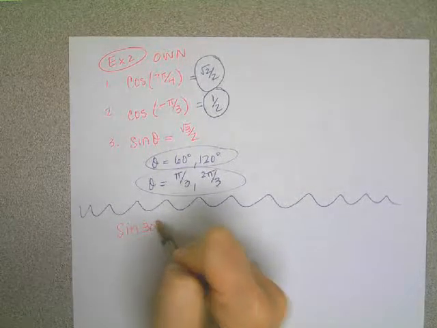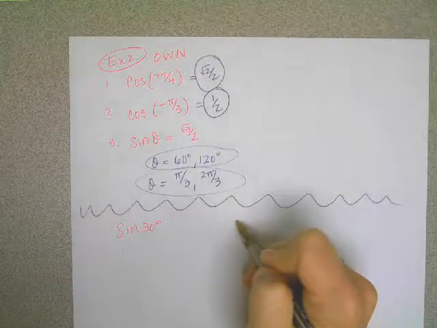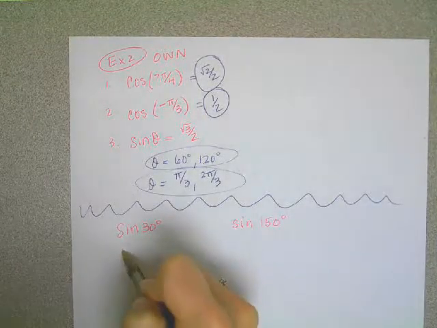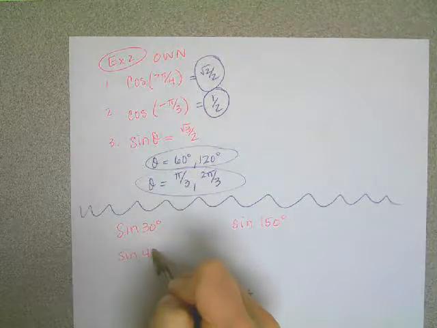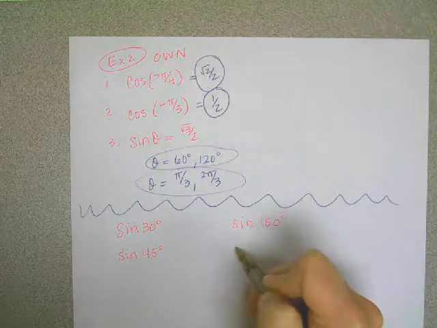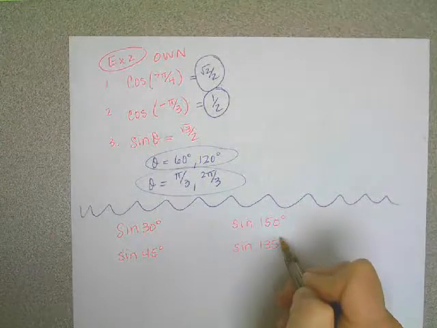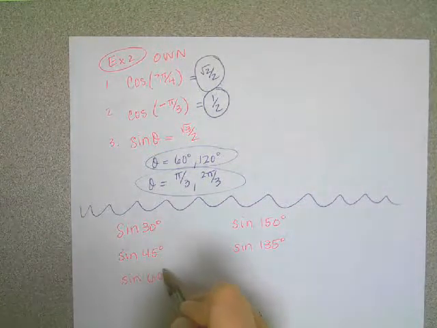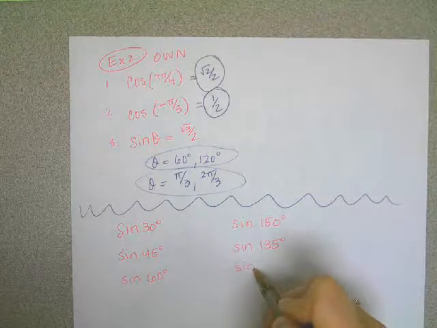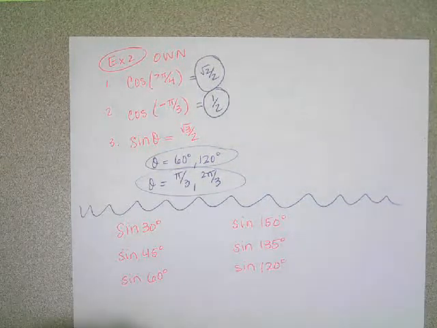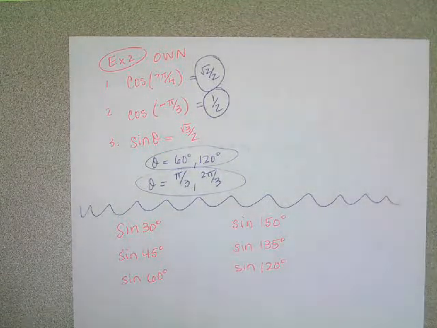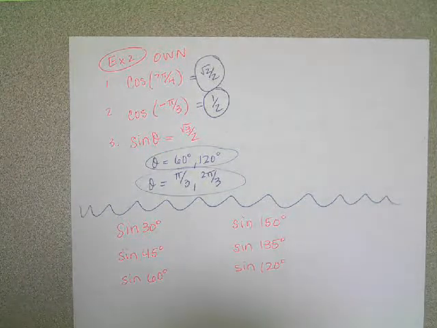So sine of 30 degrees versus sine of 150, sine of 45 degrees, sine of 135 degrees, sine of 60 degrees versus sine of 120 degrees. So I hope that you will pause and get all the answers here, come back and check it, and hopefully you figured out the pattern.